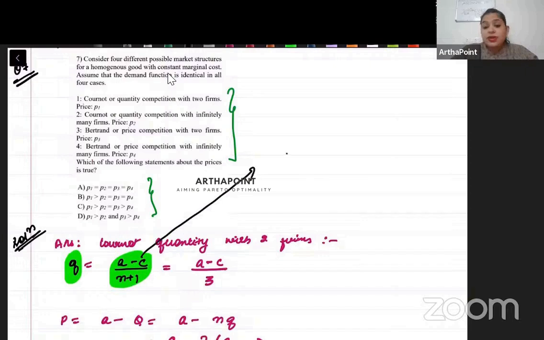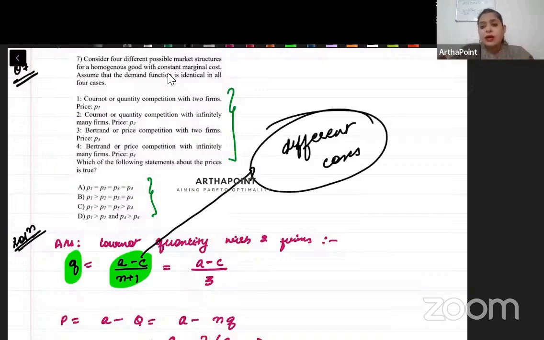Again, there were different cases I explained in the lectures, depending on what happens when there are 2 firms, more than 2 firms, same cost, different cost. We introduced that B part in the function and then asked what will happen. But this is the basic case. If there are N firms, the quantity will be (A minus C) upon (N plus 1).